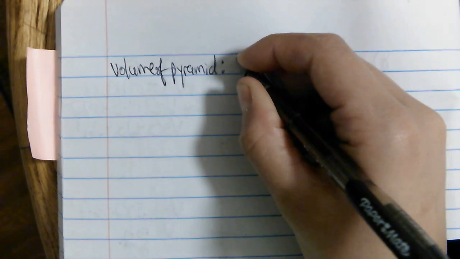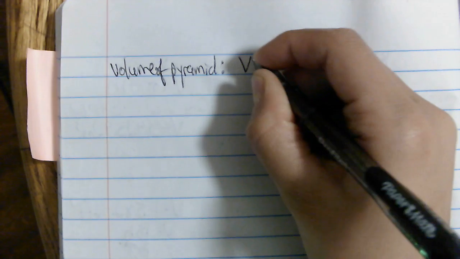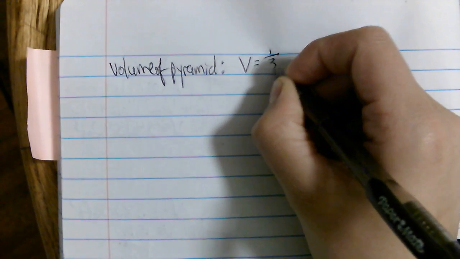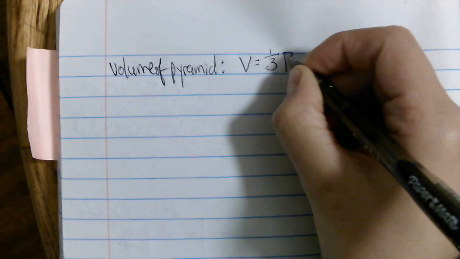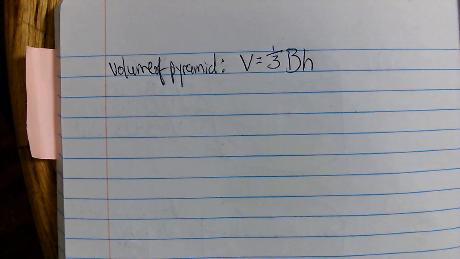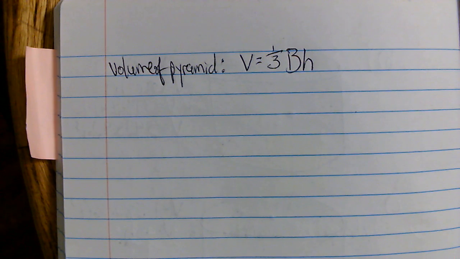But the formula that we're going to use is volume equals 1/3 area of the base times the height. You'll remember when we did area of rectangular prisms, it was area of the base times the height. With pyramids, it's going to be 1/3 the base times the height. So it kind of relates back to it.